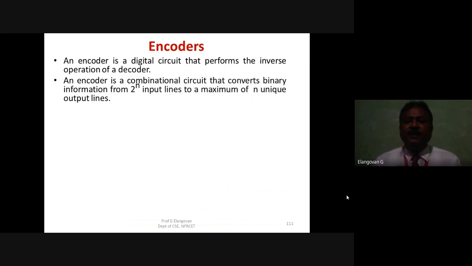It also has a certain combinational relation between the output and input. It can have a maximum of 2 power n combinations of inputs, and it can generate n unique output lines.